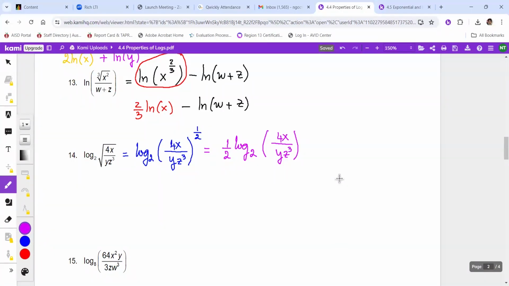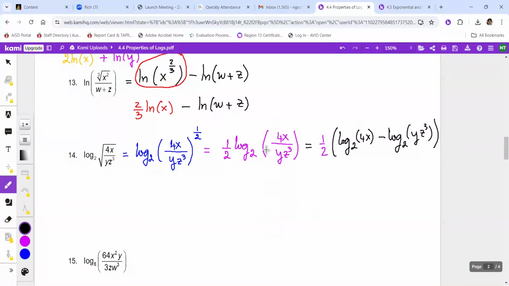Okay, so now we're not done yet. The next step, we are going to apply the quotient property, but don't forget that we still have the half in front of this. So we do 1/2, parenthesis, and log base 2 of 4x minus log base 2 of y times z to the power 3.